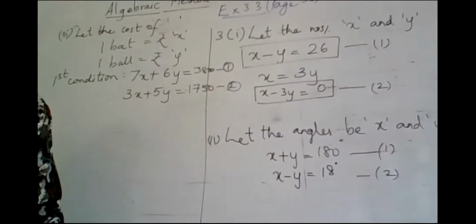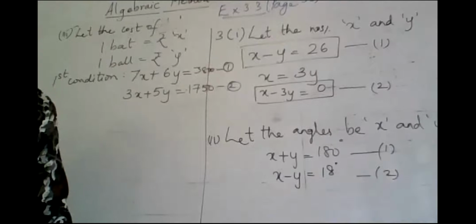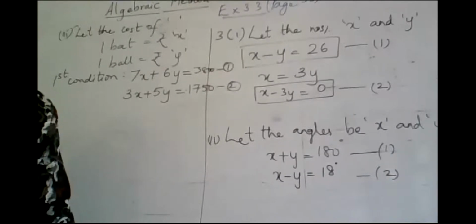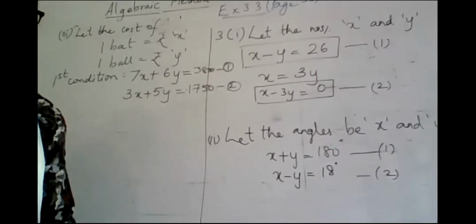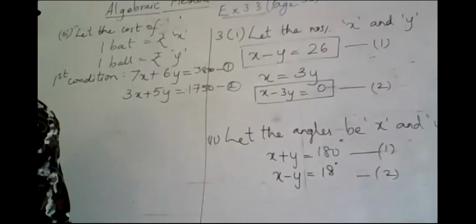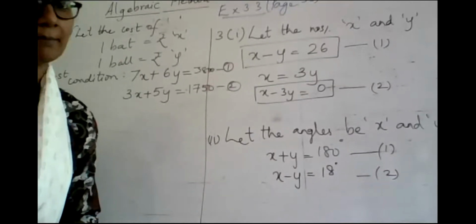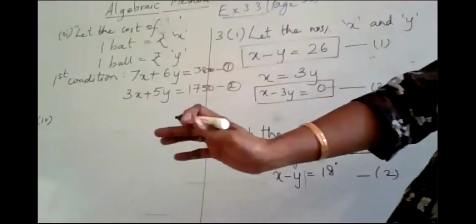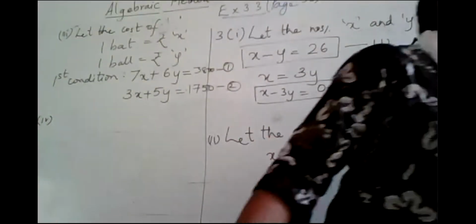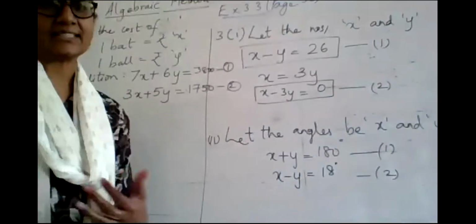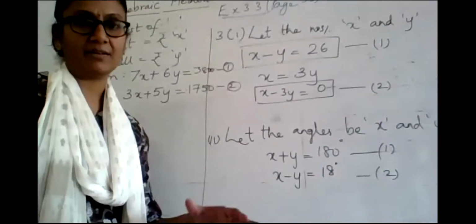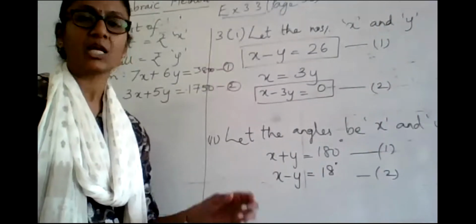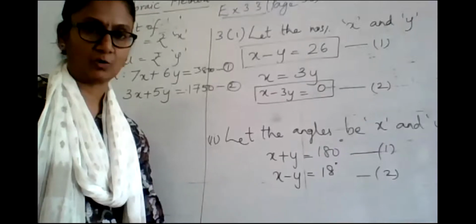The taxi charges in a city consist of a fixed charge together with the charge for the distance covered. You have seen this when you travel in an auto or a taxi. There is something called the minimum charge. Whatever distance we travel, if it is less than the minimum, we pay the minimum charge and get out of the auto.